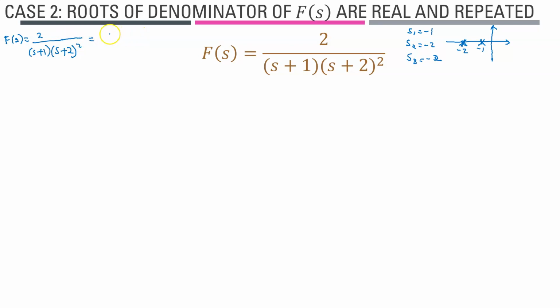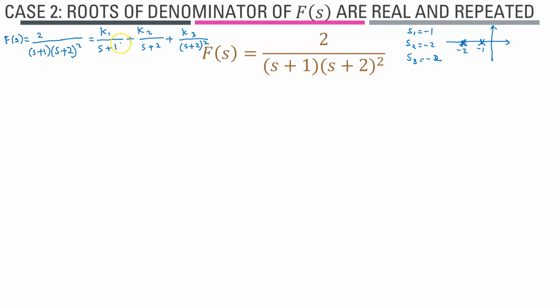Now you will have k1 over s plus 1, plus k2 over s plus 2, plus k3 over (s plus 2) squared.